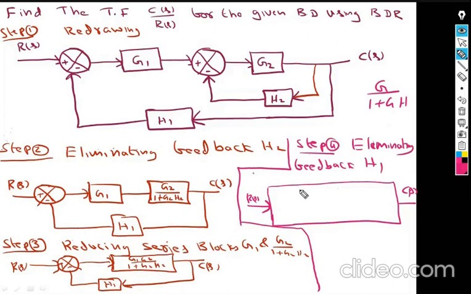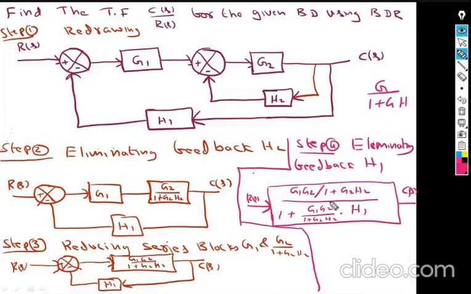In the numerator you will be getting G1 G2 divided by 1 plus G2 H2, divided by 1 plus G1 G2 by 1 plus G2 H2 into H1.